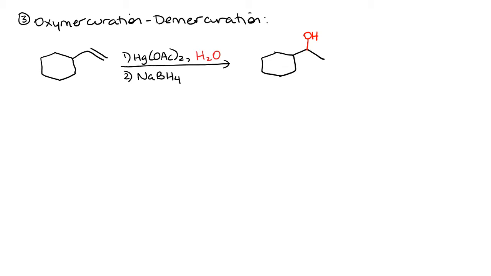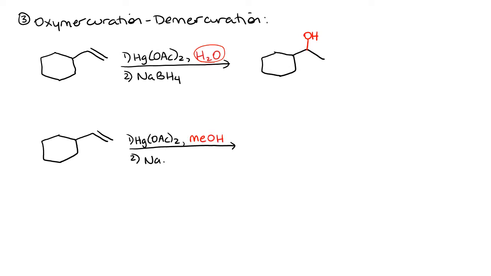Now, this reaction is not only limited to using water as the nucleophile. We can also use other weak nucleophiles such as methanol or ethanol, so any sort of alcohol. So we can take our alkene, treat it with the same conditions, the mercuric acetate. Instead of water, let's go ahead and use methanol. And then follow it up with sodium borohydride.